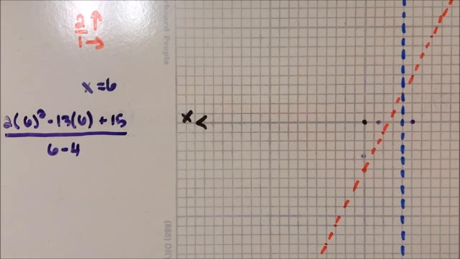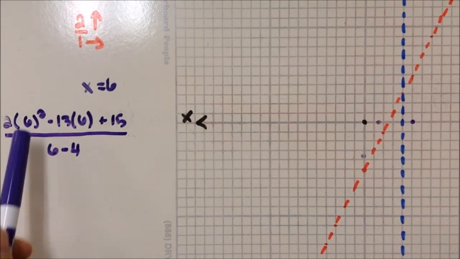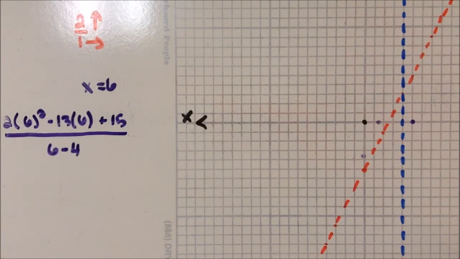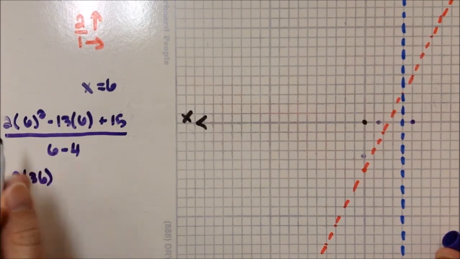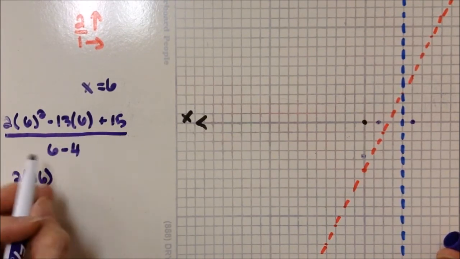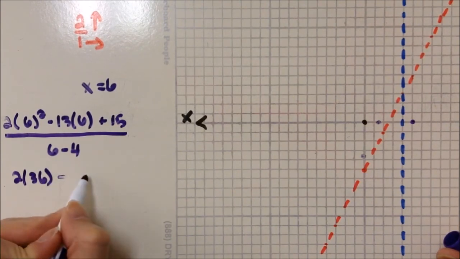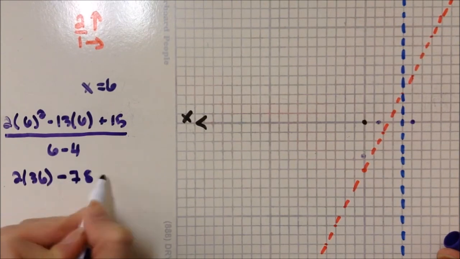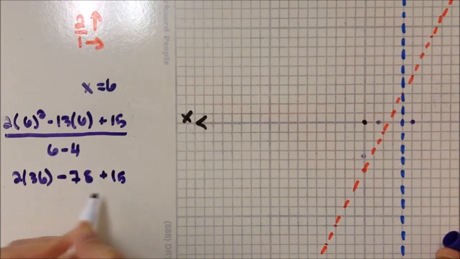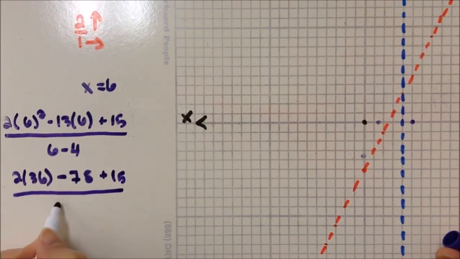Alright, so 6, that's a square, so 6 squared is 36. So I'm doing step by steps. So 36 right here. Now, minus 13 times 6, and I'm doing mental math, so 8, carry the 1, so that's 78, plus 15 over 6 minus 4 is just 2.